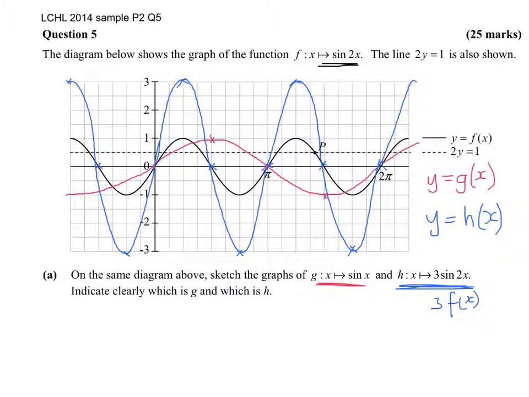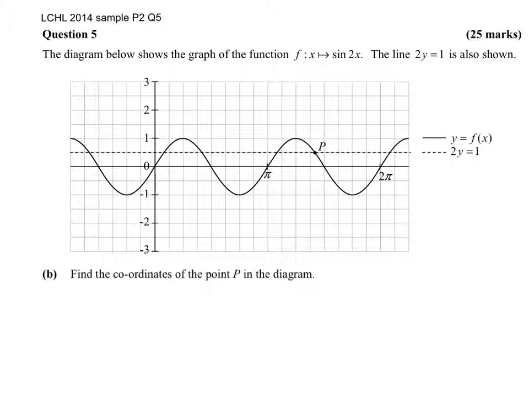Again, to remind you, we need to clearly define which one is g and which one's h. So the worst case scenario, if you hadn't used colour and you're doing a key at the side, as long as you're able to label your graph at the side of the actual curve, which one is which, you should be able to get away with that in terms of an exam.